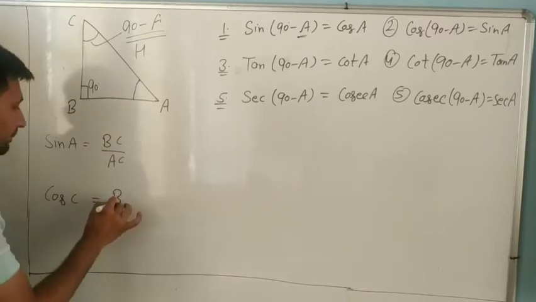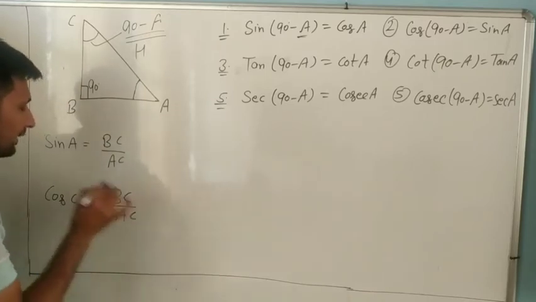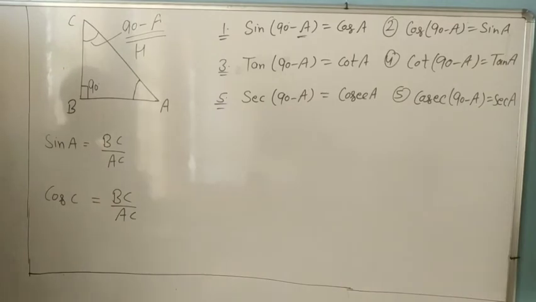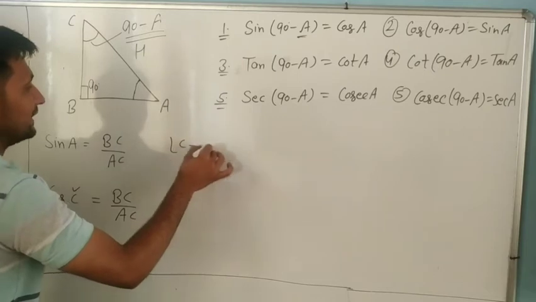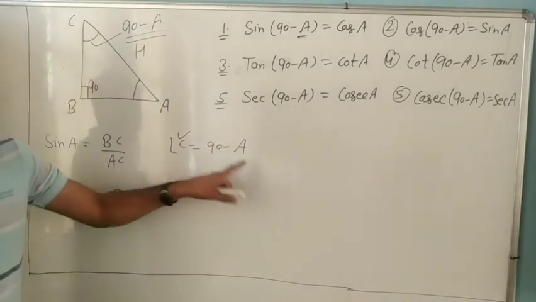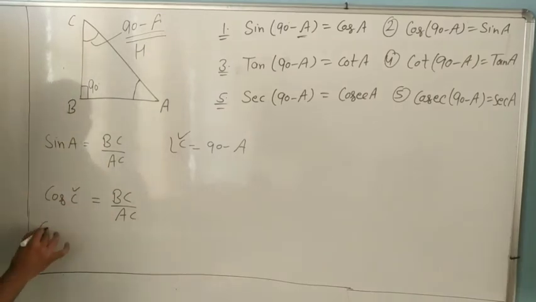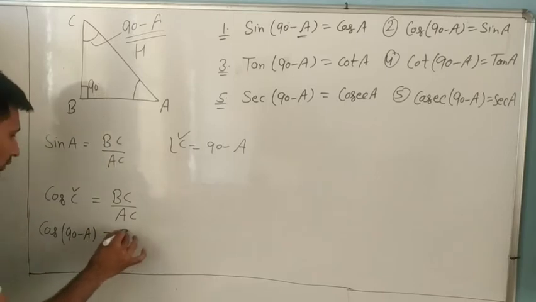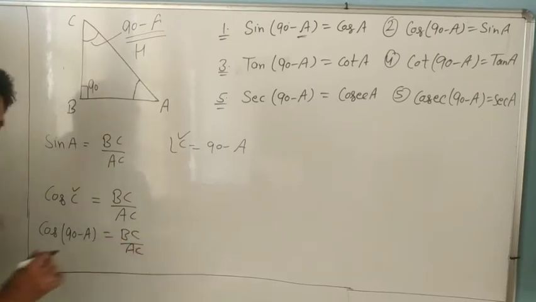Base is BC by AC. Understand? And cos C, what is angle C? Angle C is 90 minus A. So in place of C, can we put 90 minus A? Yes. So cos (90 minus A) equals BC by AC.